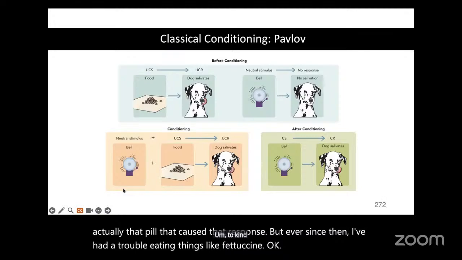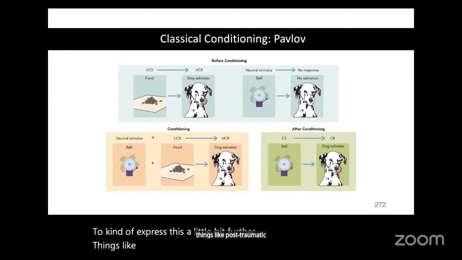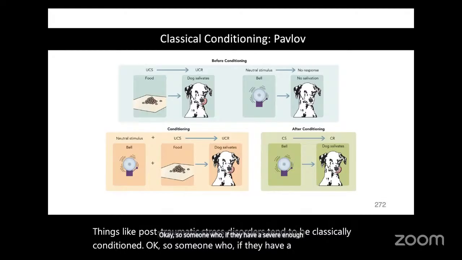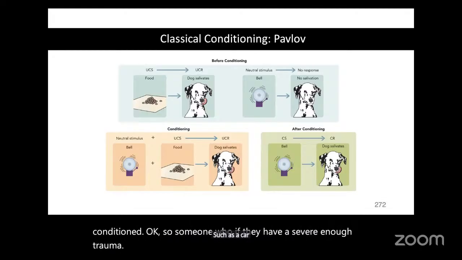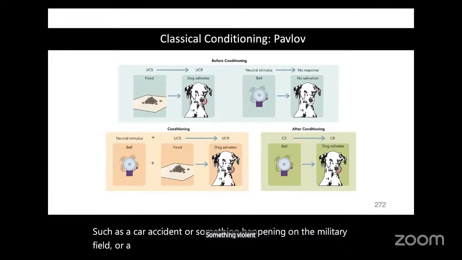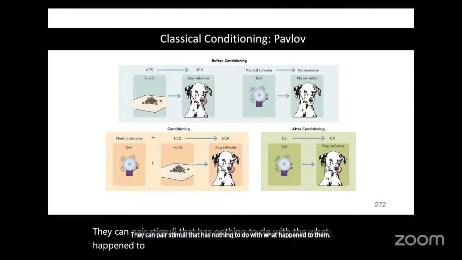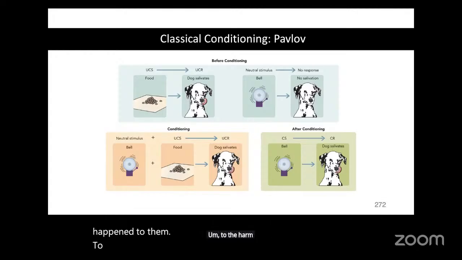To express this a little bit further, things like post-traumatic stress disorders tend to be classically conditioned. Someone who has a severe enough trauma, such as a car accident or something violent happening on the military field, can pair stimuli that have nothing to do with what happened to them, with the harm they received, and those become paired.